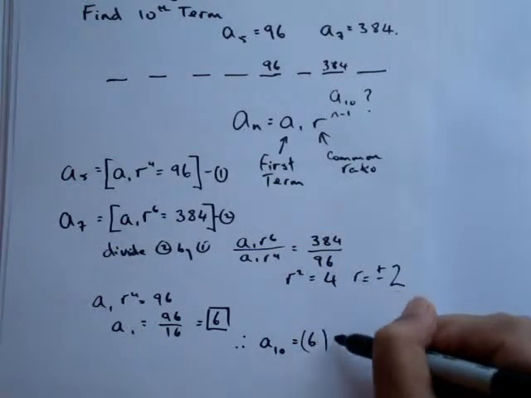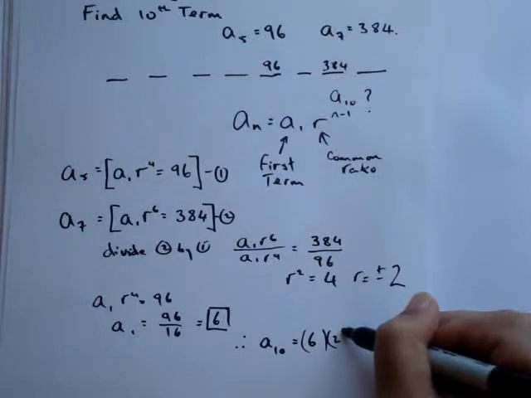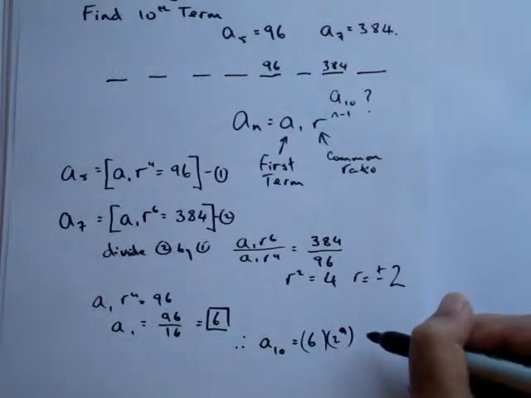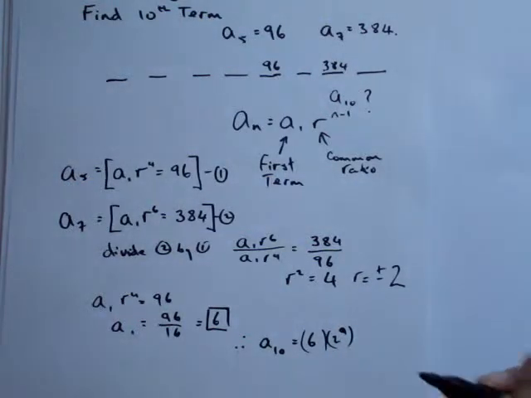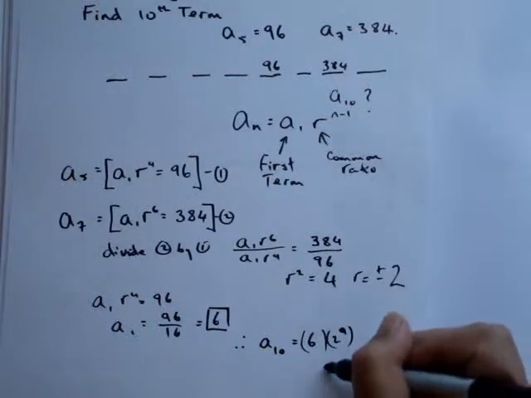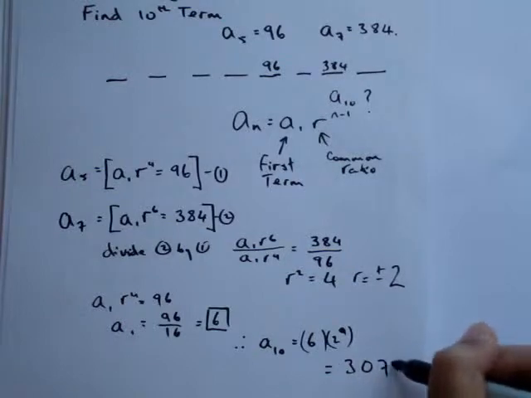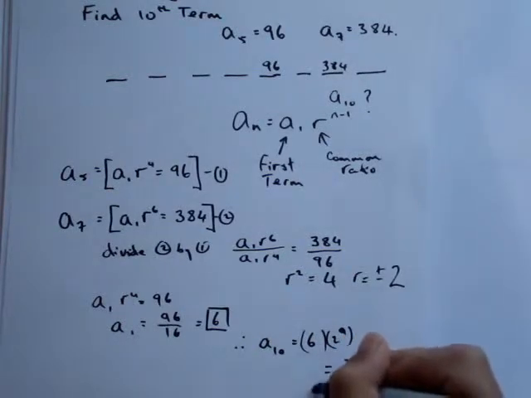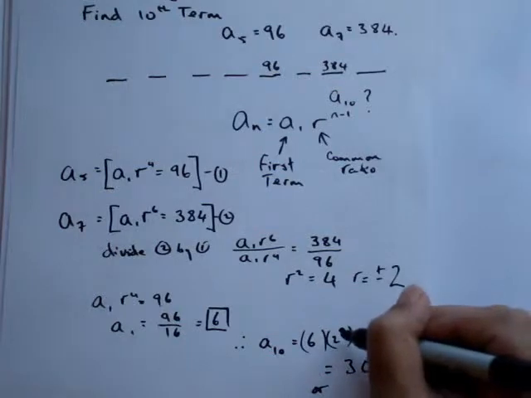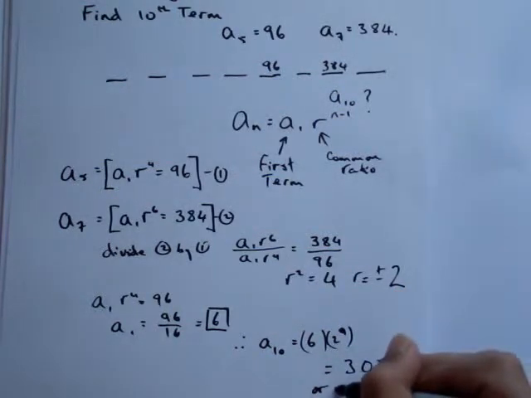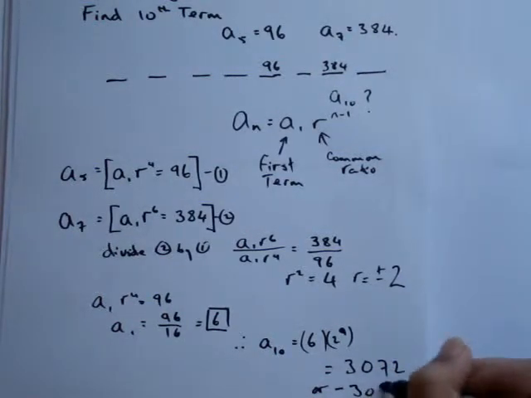So we'll just use 2 at the moment. 2 to the power 10 minus 1, which is 9. And this equals 3072. Or, because this could be a minus 2 and it's to an odd power, it could be minus 3072.